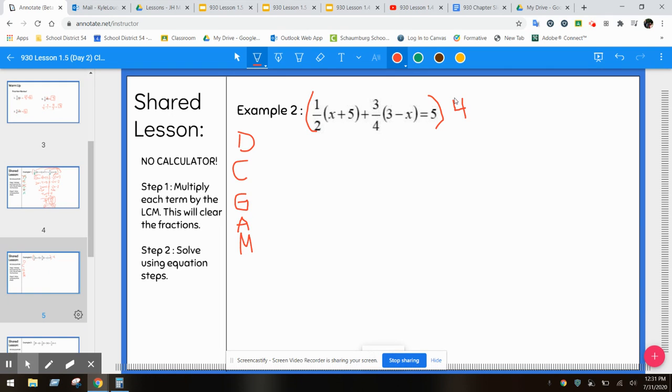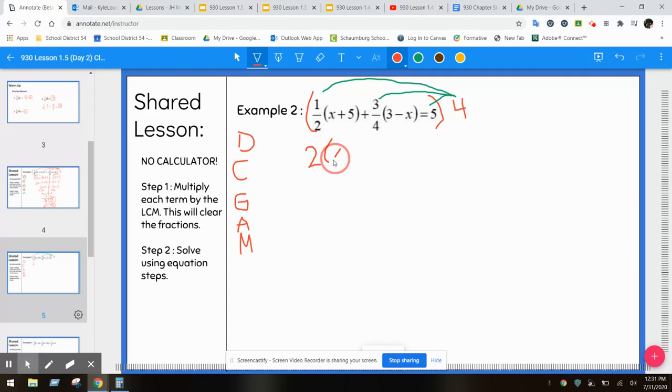Now I distribute. Again, remember that when you distribute, you only distribute to the terms that are outside of the parentheses originally. So that 1/2 gets it, that 3/4 gets it, and the 5 gets it. Remember, not just the fractional terms, every term outside of parentheses. Now I'm going to go through and distribute that. 4 times 1/2 is 2.